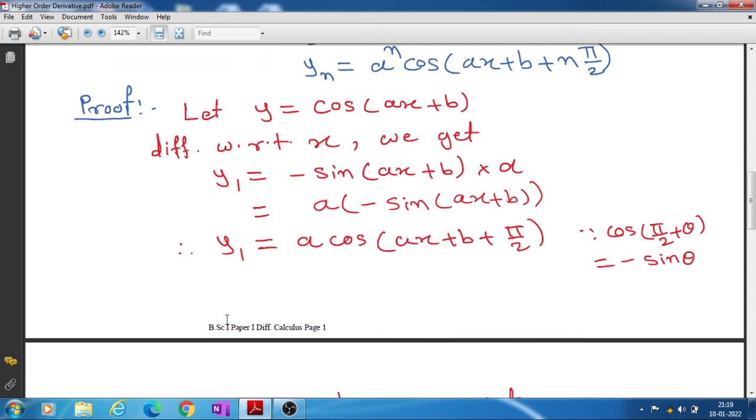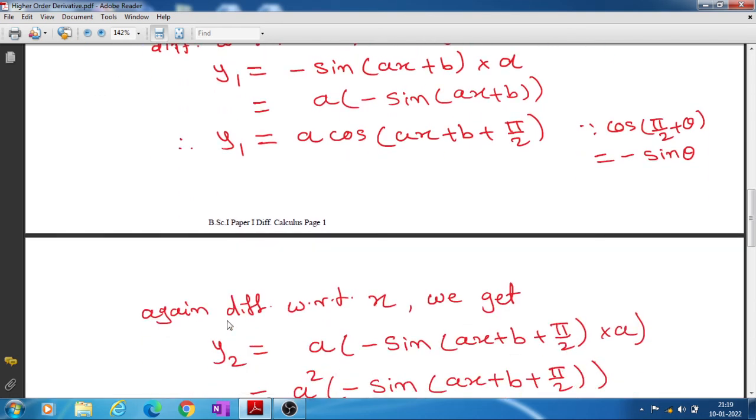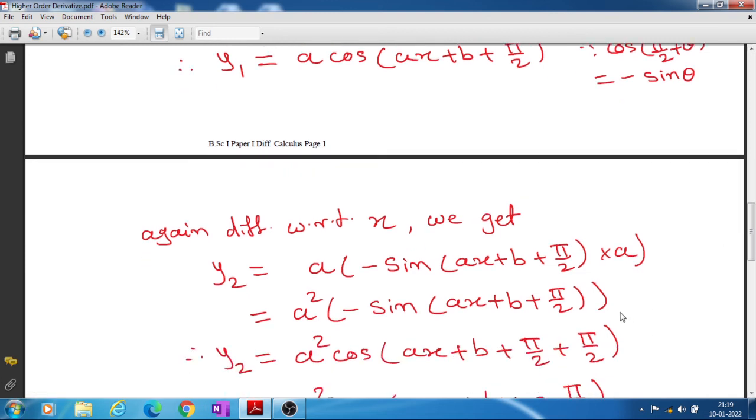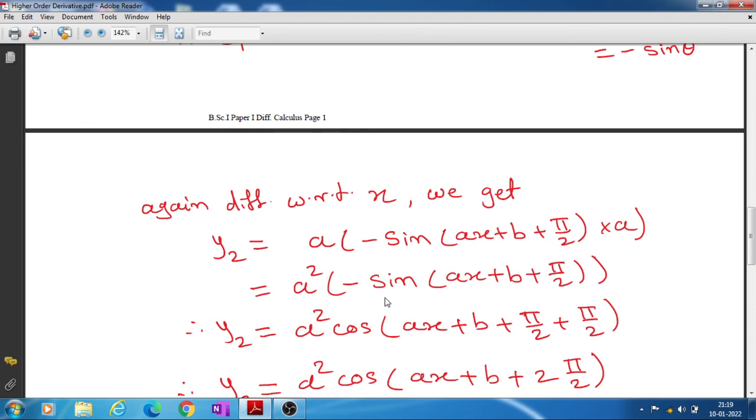Again we differentiate this y1 with respect to x, then we get the second derivative. The derivative of cos is again minus sin(ax + b + π/2), this bracket as it is, into the derivative of the bracket, which is only a. So this previous a and again a, minus sin(ax + b + π/2).